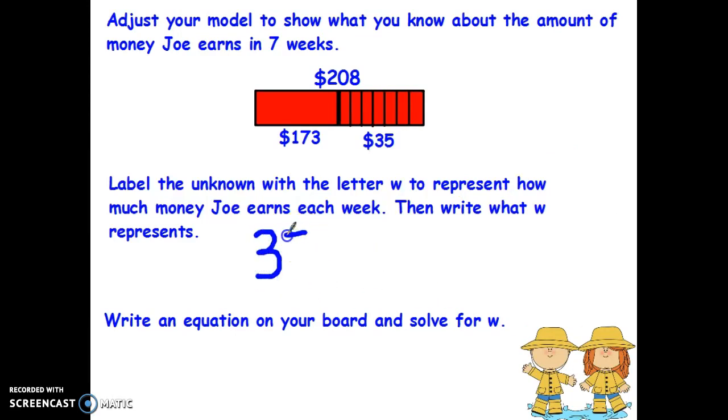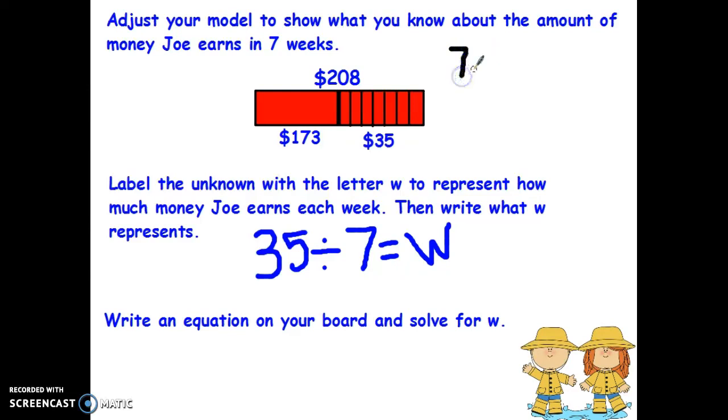So we start with $35. We're dividing it into 7 weeks. We're going to put W to represent, well, how much money does he earn each week? One strategy I like to use when I'm dividing is I like to think about, well, if I would count by sevens to 35, how many times would I count by sevens?